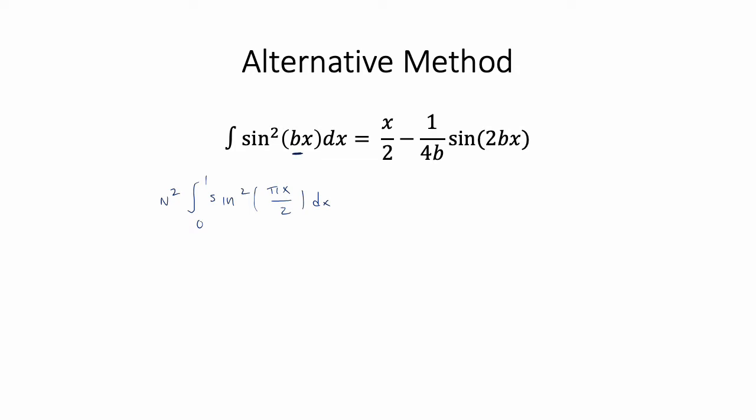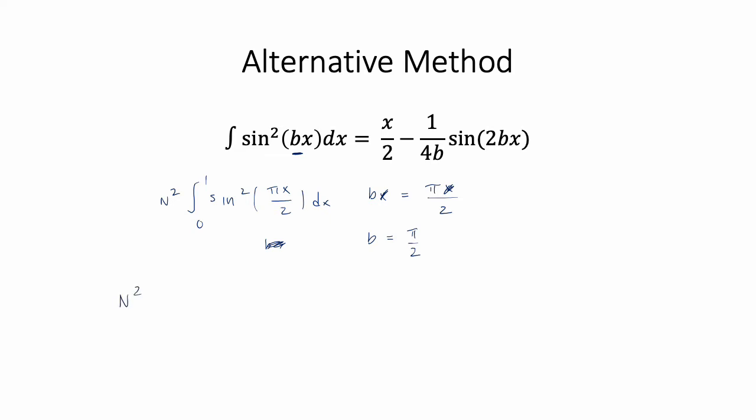So our b in this case, so bx, we need to set equal to pi x over 2. The x's cancel out, and I end up with b equal to pi halves.